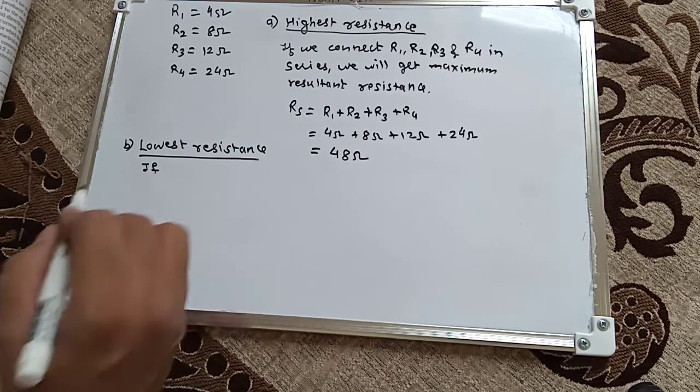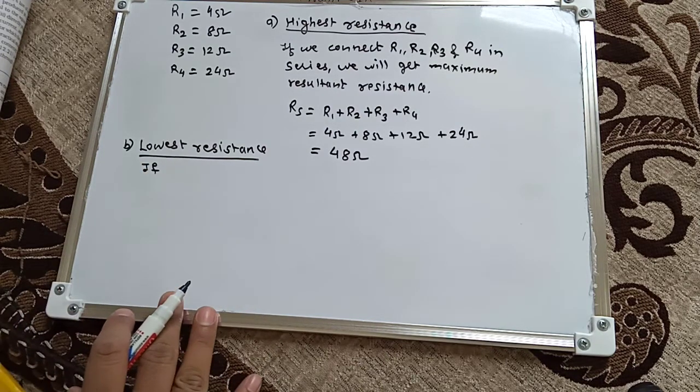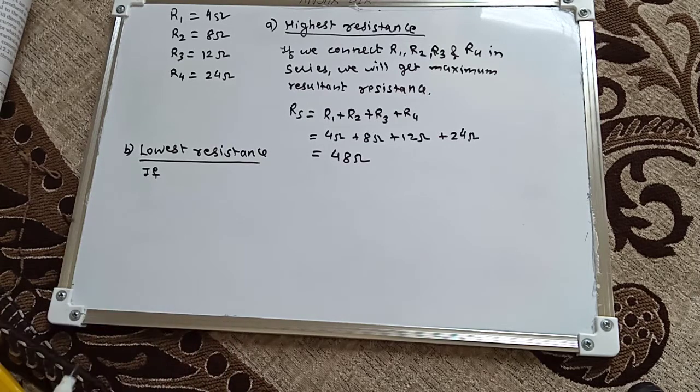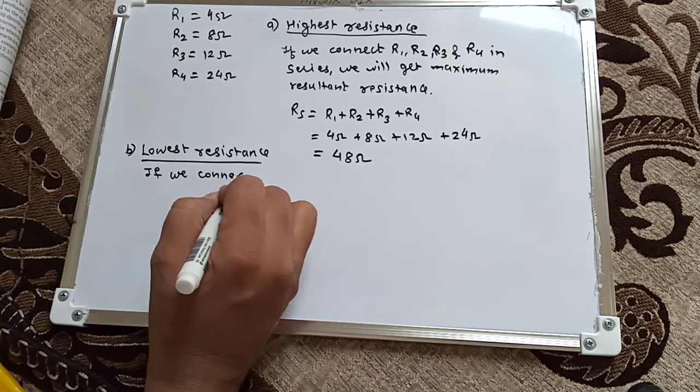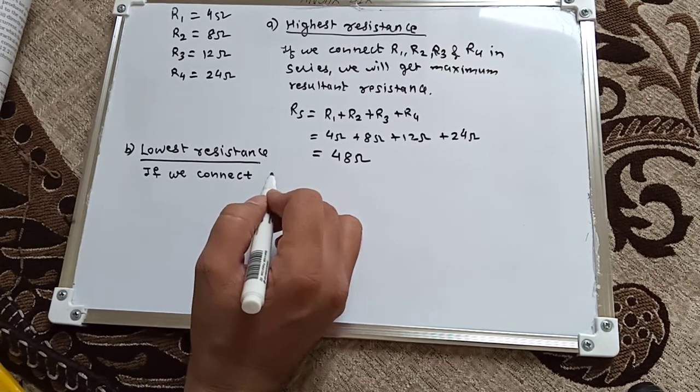If we connect, in parallel combination the resultant resistance is always less than each individual resistance. So whenever we want to get minimum resistance, we should connect in parallel. Always remember.